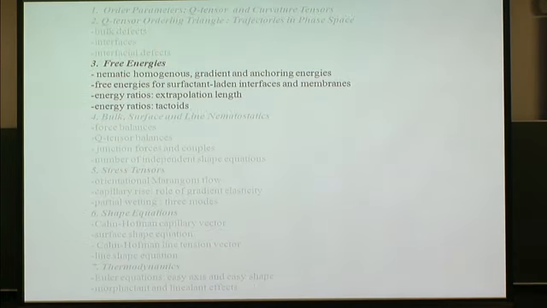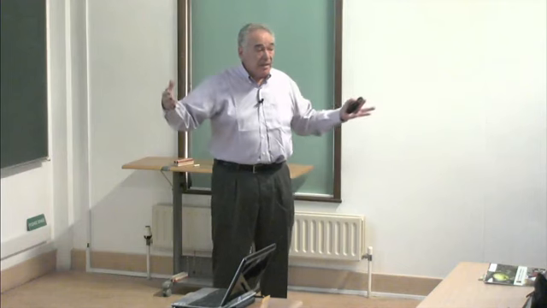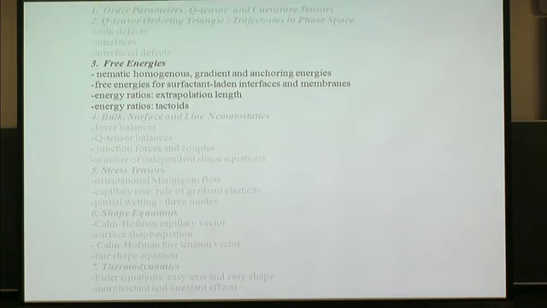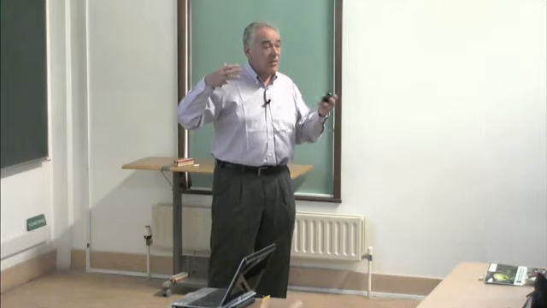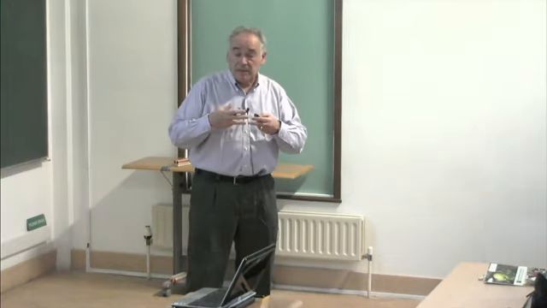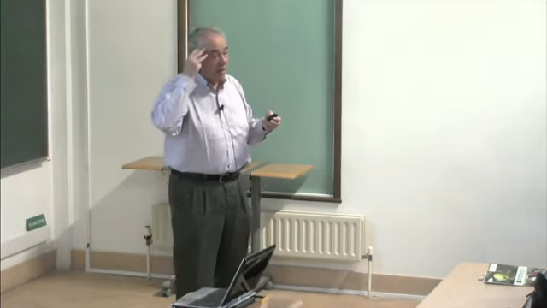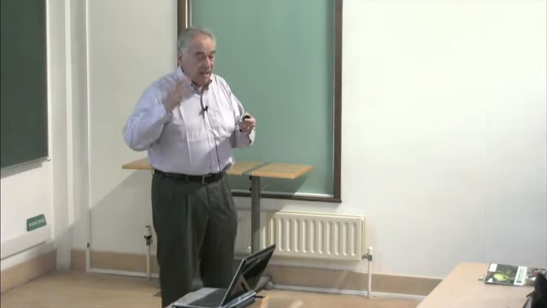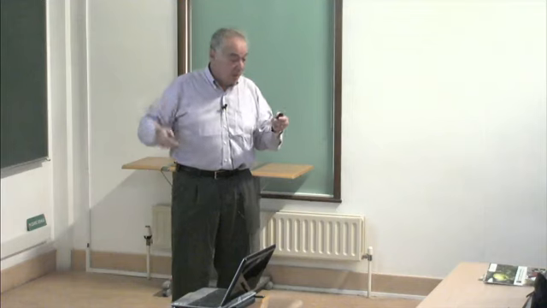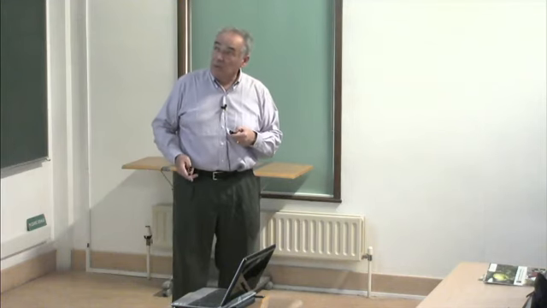Now, free energies. Let's talk about the generic types of free energies we use in this field for liquid crystal interfaces and surfaces, and also for surfactant-laden interfaces. Then I'll say a few words about the energy ratios and how you can do a lot of physics by looking at key energy ratios before doing more complete calculations.